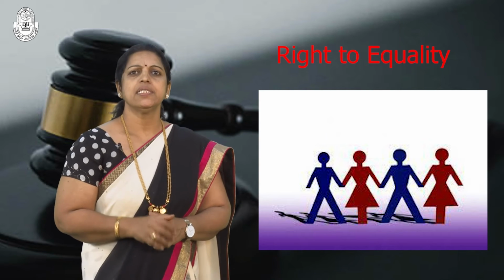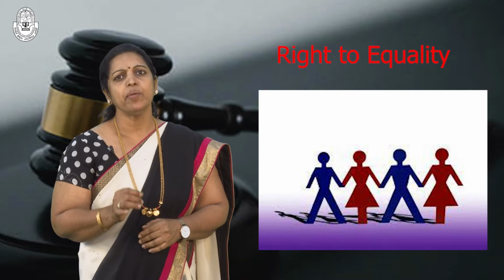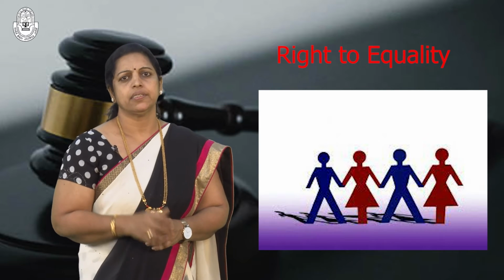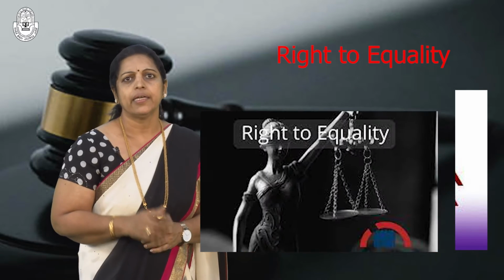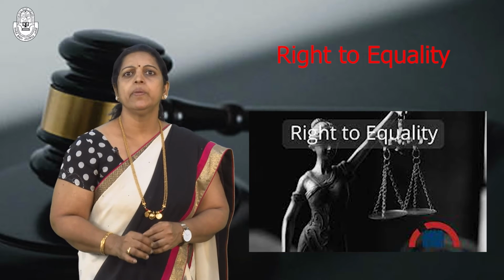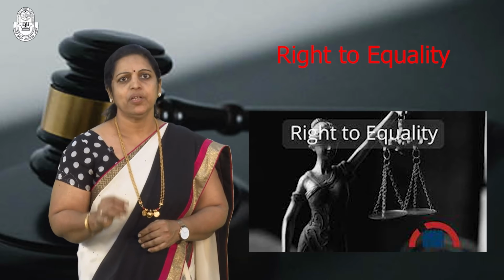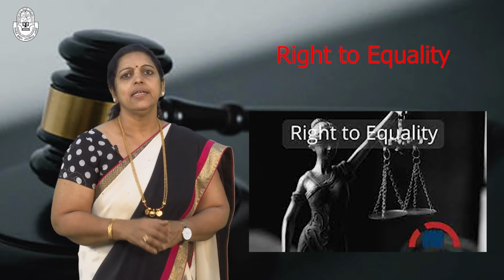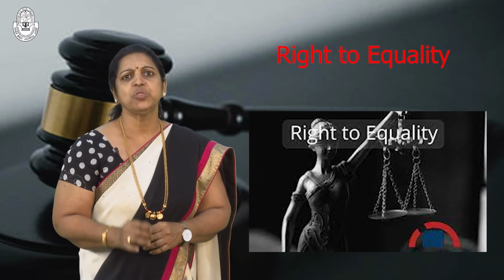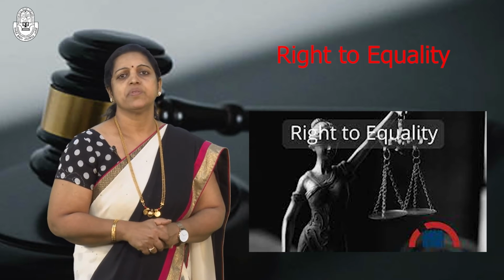It permits reasonable classification. The state is empowered to classify persons on a rational basis in the interest of public peace, order, security and stability of the country. It can grant immunities to certain persons in certain circumstances.